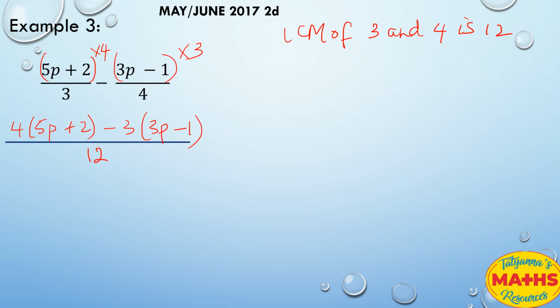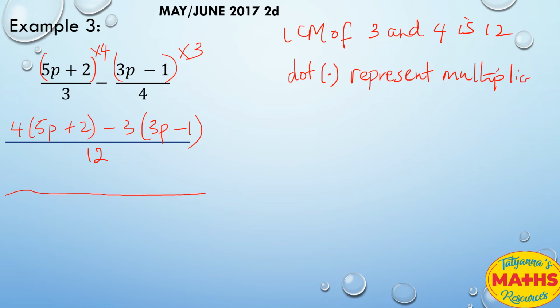Okay, the next line. Now I have to draw a line. I'm going to use a dot. I'm not going to skip any steps to represent multiplication. So that will be 4 by 5p plus 4 by 2 minus 3 by 3p, minus 3 by a negative 1, all over 12.